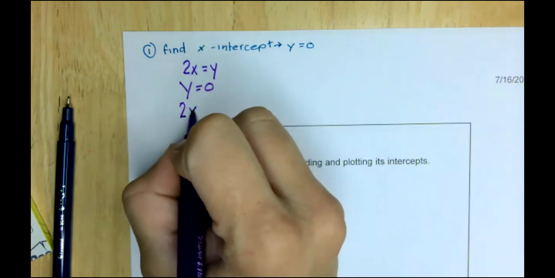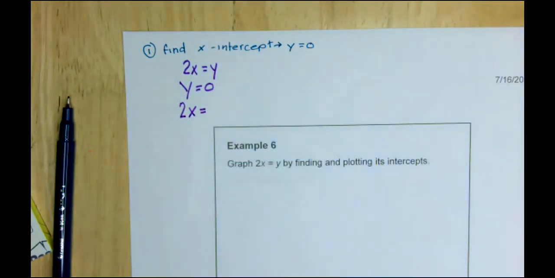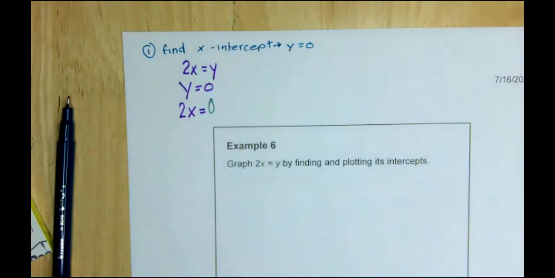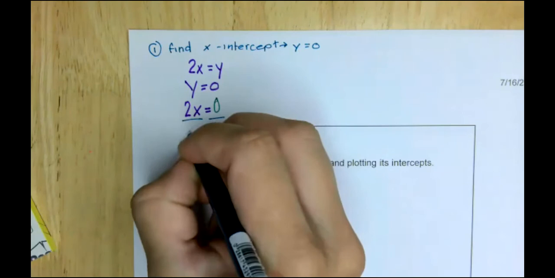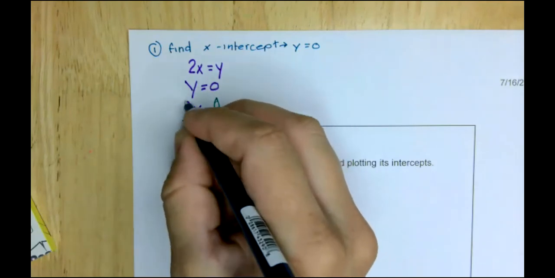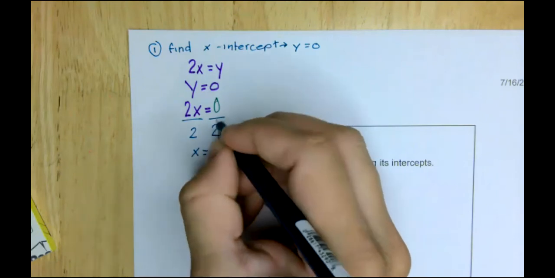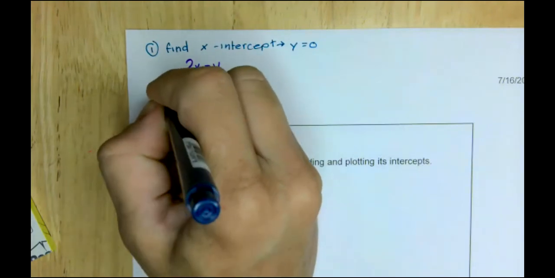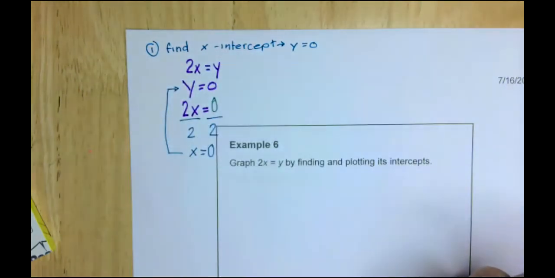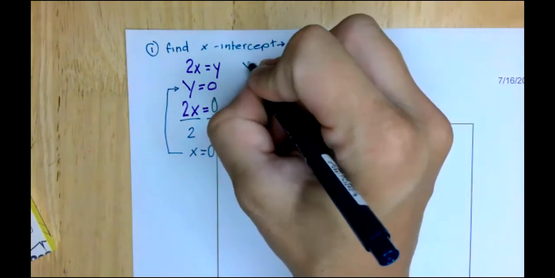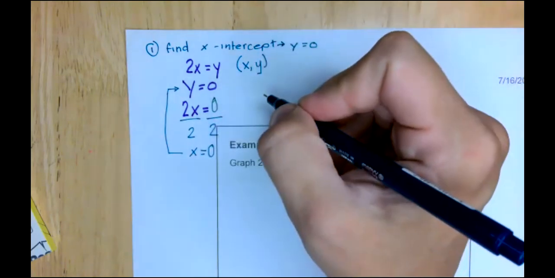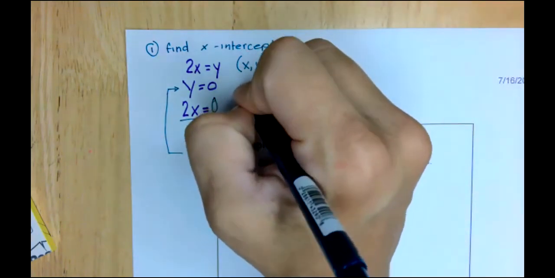So 2x equals, I'm replacing y with 0. Now I solve for x by dividing by 2. Divide both sides by 2. 2x divided by 2 just gives me x. 0 divided by 2 gives me 0. Okay, so when y is 0, x will be 0. So my xy point is 0, 0.